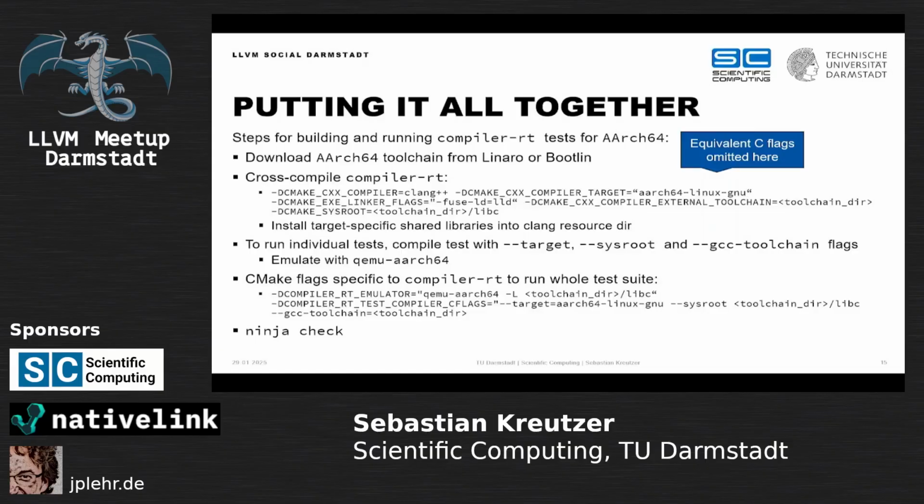Yes, so if you just have, for example, one test that fails, then you can also just copy the compile command, add the target, sysroot, and toolchain flags, and compile the individual tests, and then run it with QEMU. However, compiler-RT makes it quite easy to run the whole test suite.